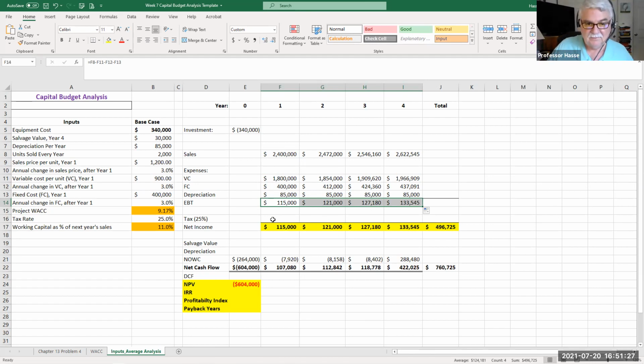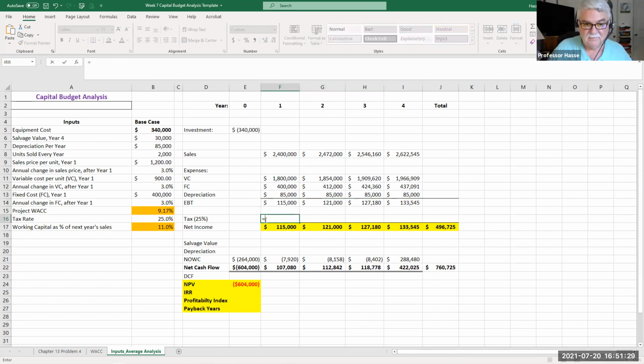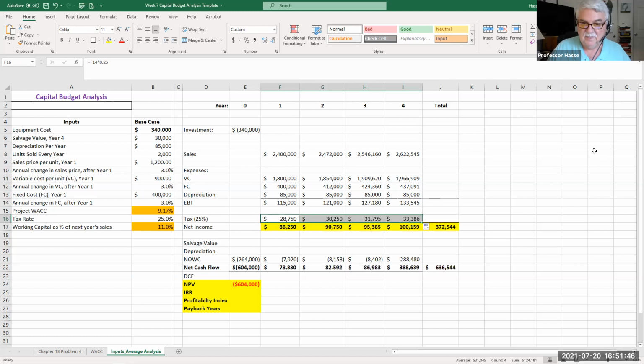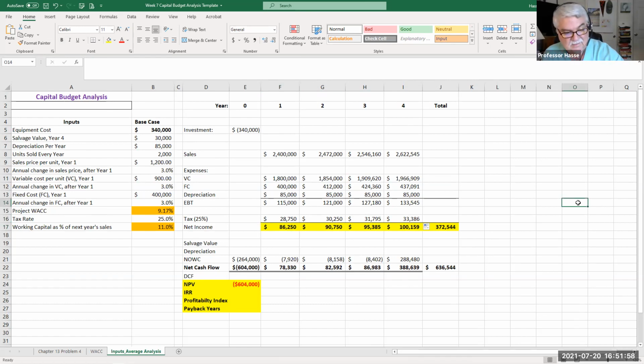We're going to take that amount times our tax rate. There's our tax rate. We take 25% of the earnings. And now let's slide that over. There's our taxes paid. And notice my next formula is already in there. It's subtracting out the taxes from the earnings operating profits. And there's our net accounting income, $372,544. That's our net accounting income in this project.